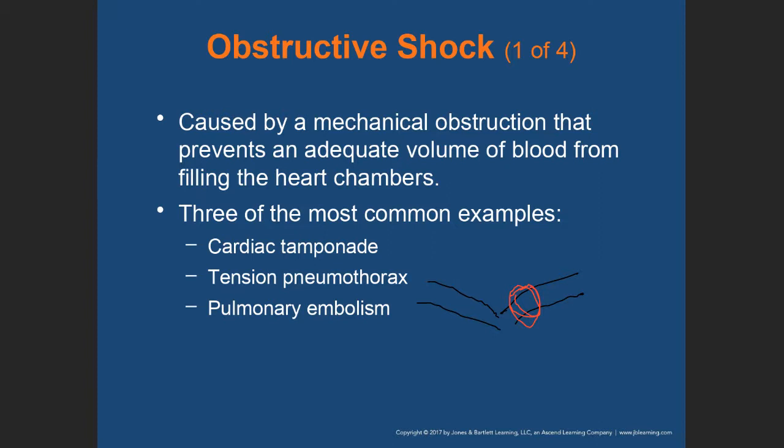As a result, less blood will be pumped out of the heart, and the cardiac output will eventually be compromised. Once the cardiac output is compromised, the patient is now in obstructive shock because this clot is indirectly affecting the pumping action of the heart.